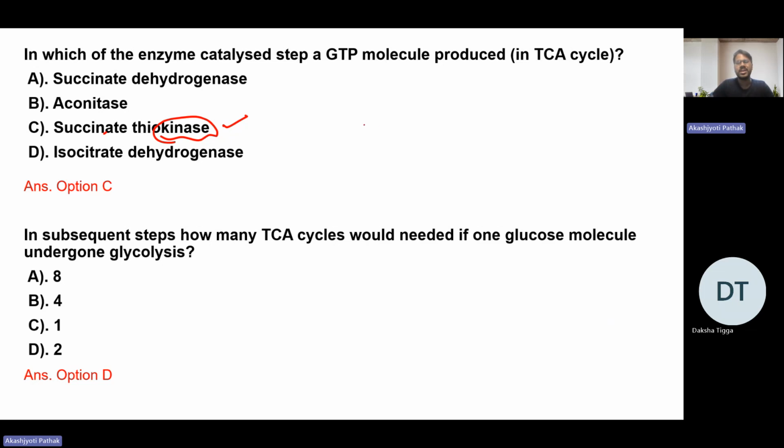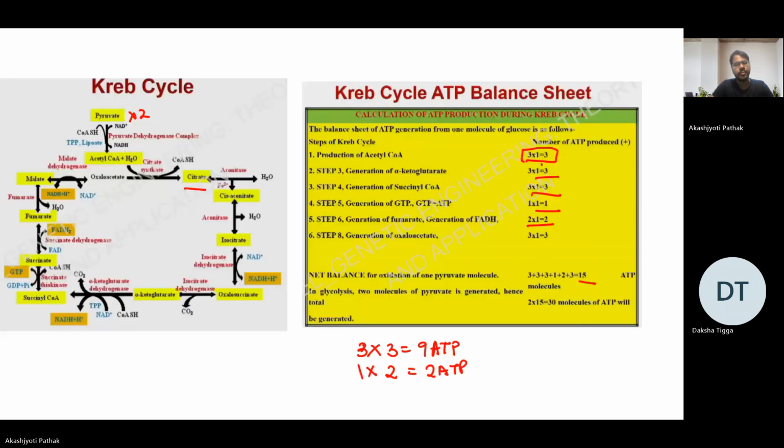When succinyl CoA is converted to succinate, that is the step where GTP is synthesized. It is not the step where NADH is formed.